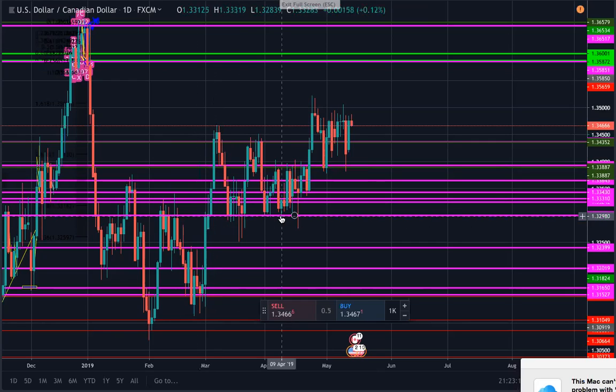So we're going to talk about resistance and support lines. Resistance and support lines are usually where price rejected last. As you can see, this pink line right here has multiple places where it rejected. So you see it goes down. Let me get my drawing tool.